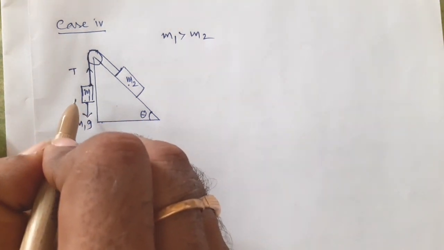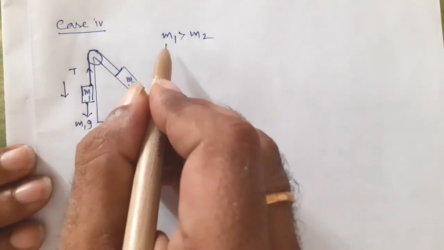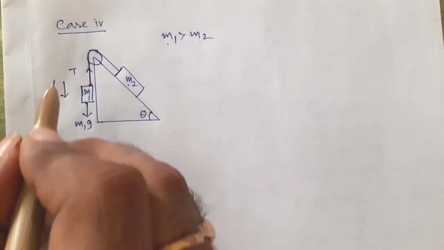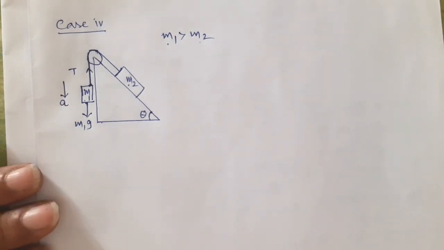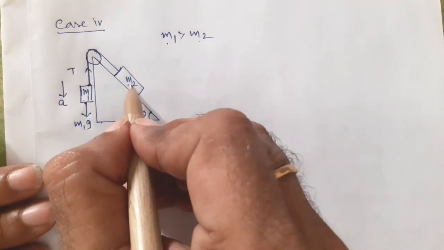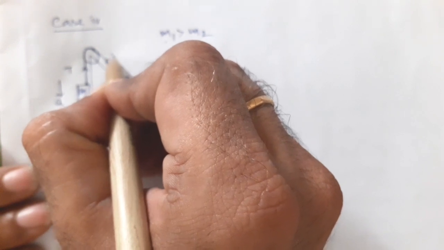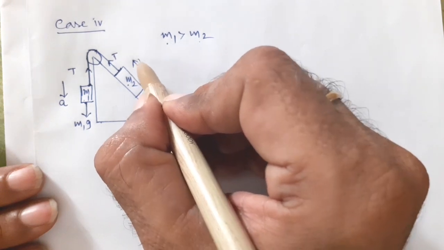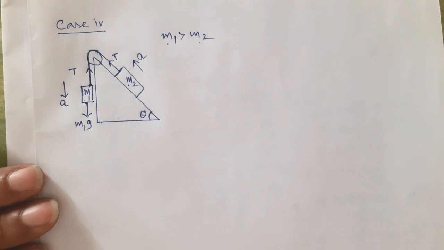As a result, this body moves in the downward direction, because m1 is greater than m2, therefore the acceleration is in the downward direction. And for this body, this is the point of contact and this is the direction of the tension. This body moves in this direction, therefore the acceleration of the body is a in the upward direction.